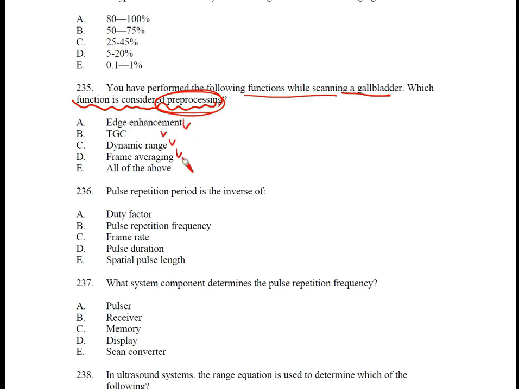From option A to option D, all of them are representative preprocessing techniques that can be used during the examination. On the other hand, post-processing techniques are performed during the process of stopping and saving the image, so the concept itself is different. Since the items from option A to option D are representative preprocessing steps, you should remember them through this question.